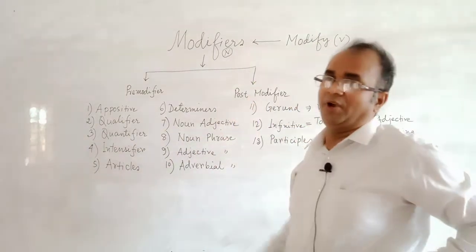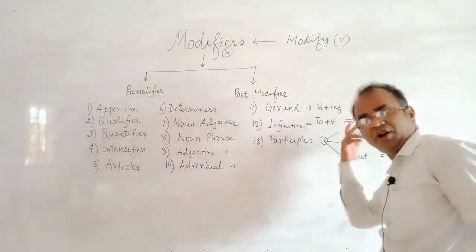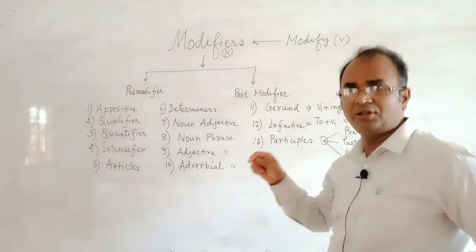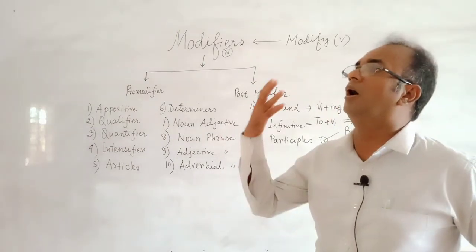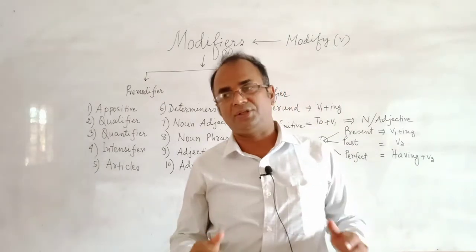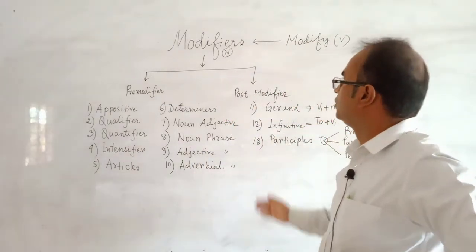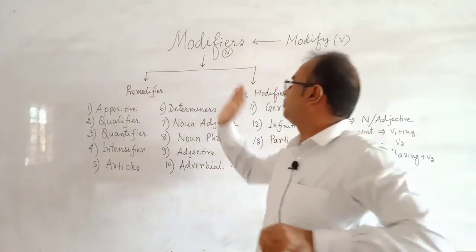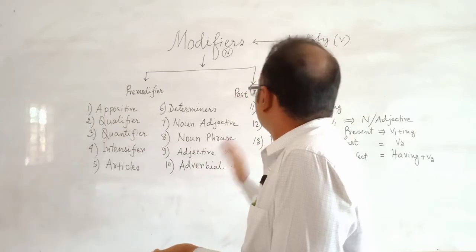And post-modifier is a word which sits after the word. And similarly, the word is noun, adjective, adverb. There are two types of modifiers: pre-modifiers and post-modifiers.